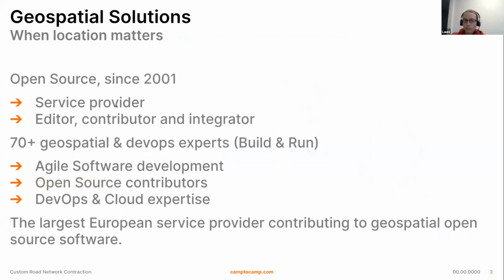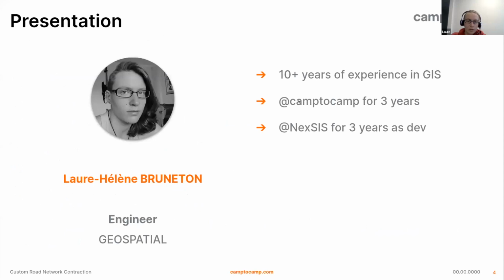We are integrators, editors, and contributors in all main open source geospatial projects like QGIS and OpenLayers. We try to be involved in all aspects of geospatial. Then a bit about myself. I've been working for 10 years in JS, for 3 years at CampToCamp, and for 3 years on Nexus, which is the project I'm going to talk about.